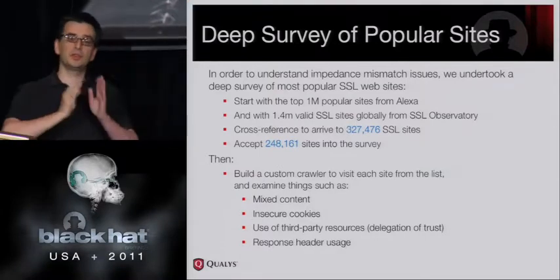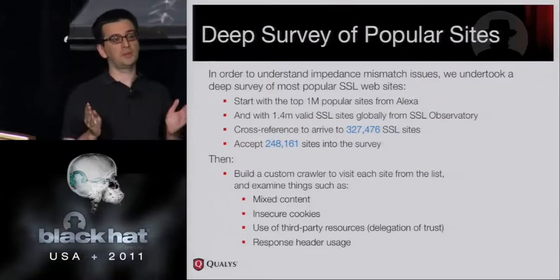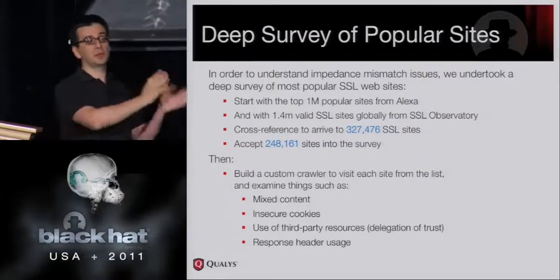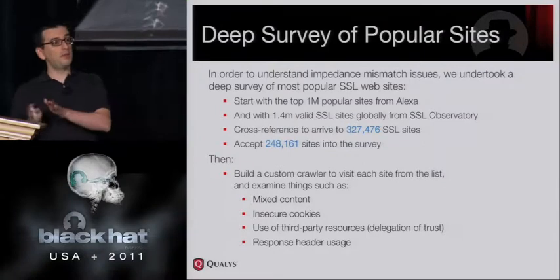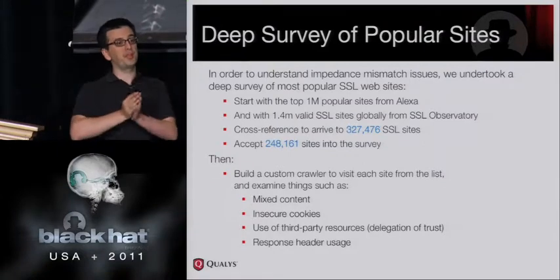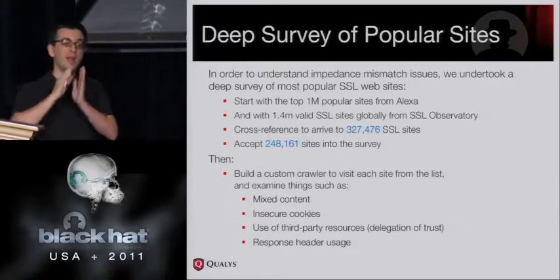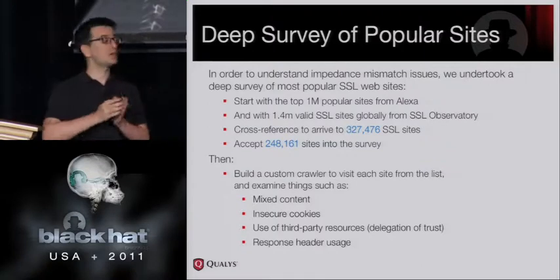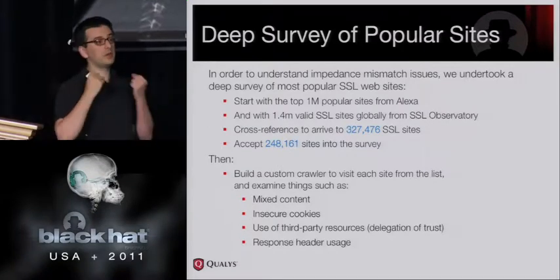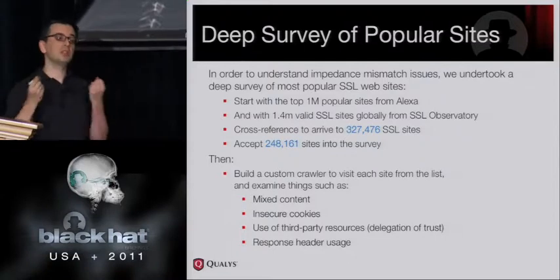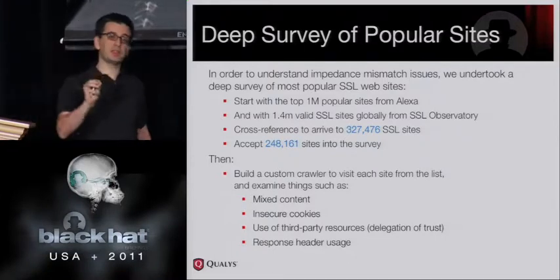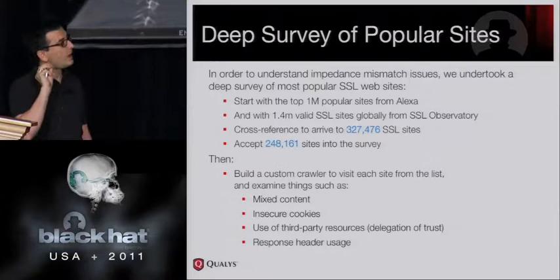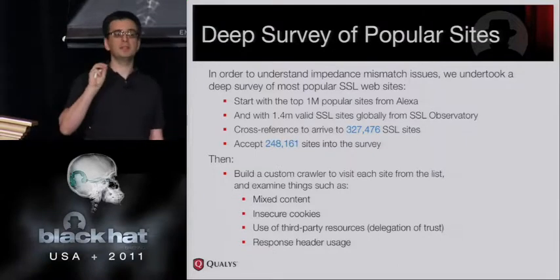SSL is designed to protect any TCP protocol, which is great because then it works with anything else. However, the problem is that the protocols being protected don't know anything about SSL. As a result, over the years, especially in HTTP, a number of issues occurred which are essentially impedance mismatch issues. And these issues actually cause SSL to be completely subverted.